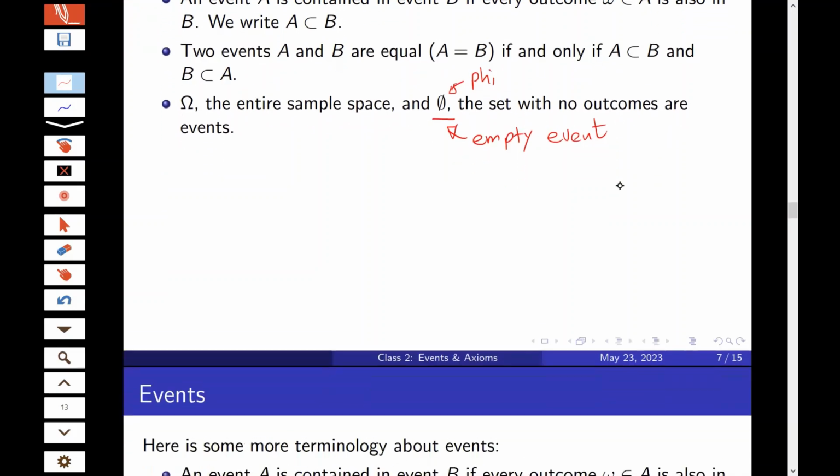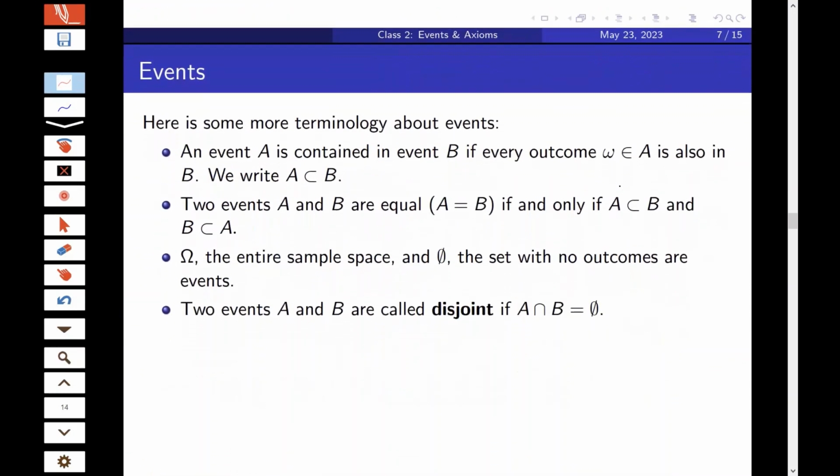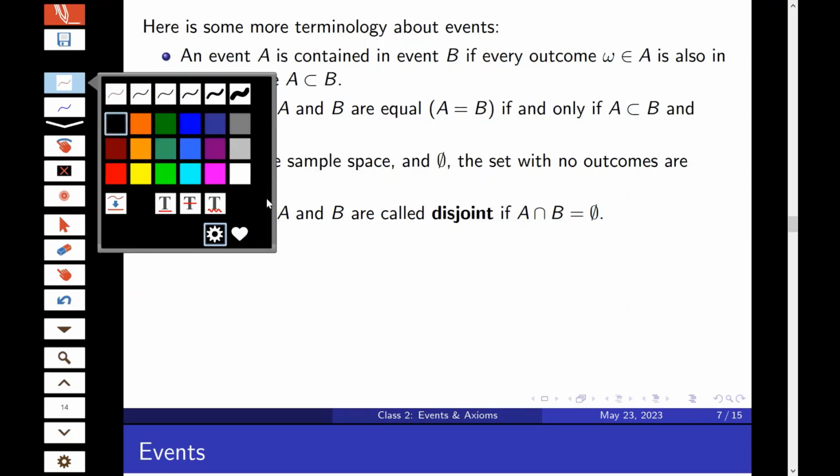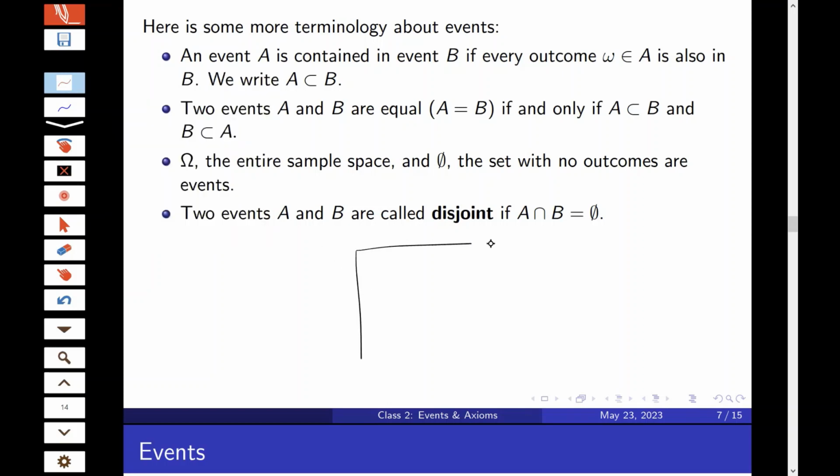The next one is disjoint events. If there are no common outcomes in two events A and B, then we say A and B are two disjoint events. We can denote that like this.